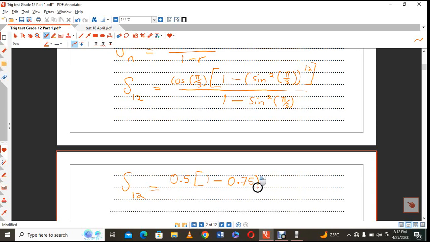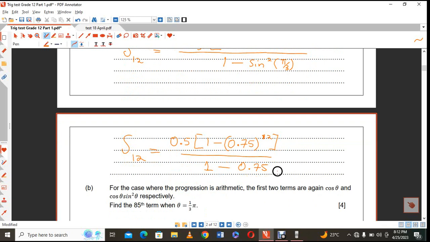But remember, it must still be raised to the power of 12. And this is going to be 1 minus, we already know what sine square theta is. It was 0.75. Now again, let's grab our calculator and work out what our numerator is divided by our denominator.